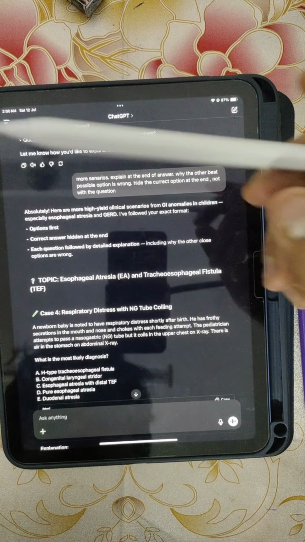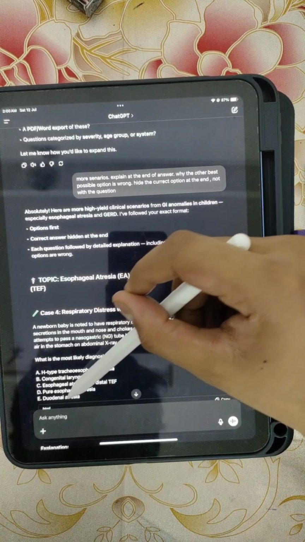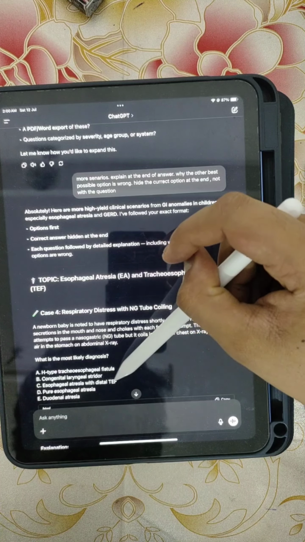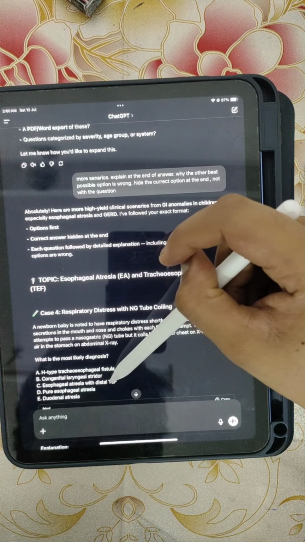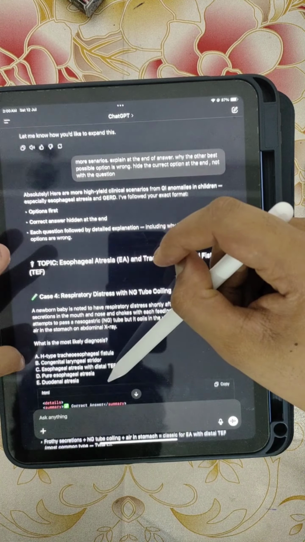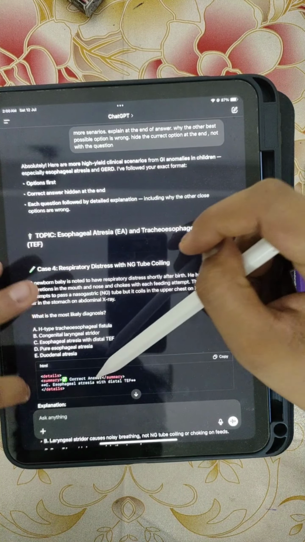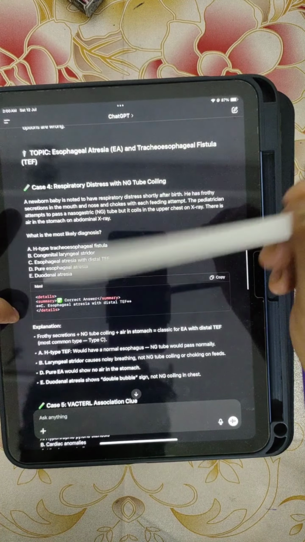So obviously it is the distal one, most likely C. Yes, distal. So what is the explanation?